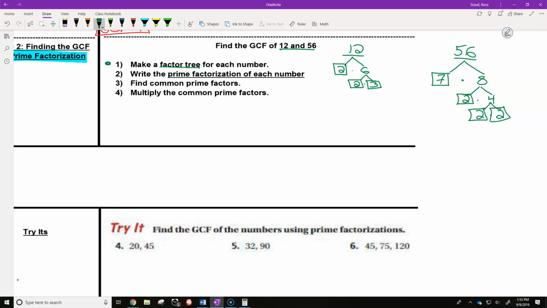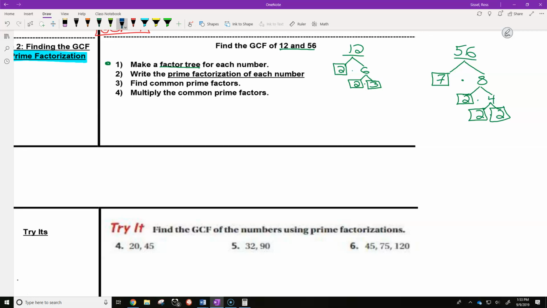Yes, sir. I actually can think of that in a different way. 2 times 28, and then it comes down to 2 times 2 times 2 times 7. Which is what we get. Yep. So you can use different factor pairs all the way down till we get the prime numbers. That's step 1. Everyone should have it down on their notes.